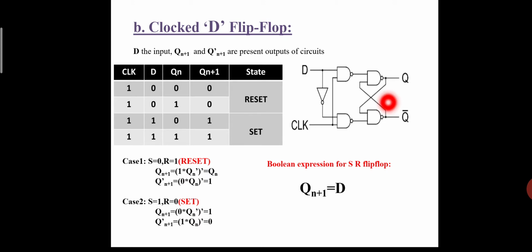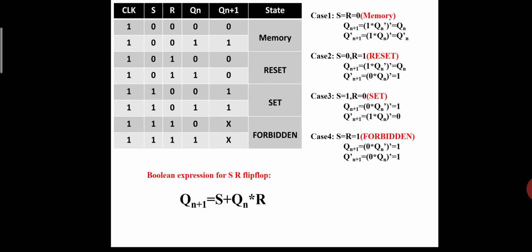In the SR flip flop, the memory and forbidden state exist. So this forbidden state is useless. In case of combinational operation, we have no need of this forbidden state.